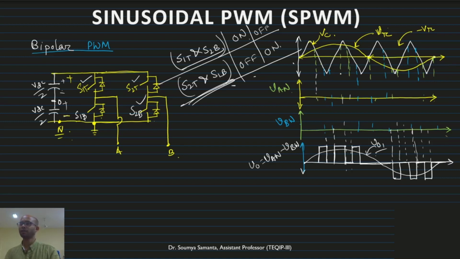Whenever this is greater than this one, during this time VAN will be on, that means this switch will be on. That time this will be VDC by 2, half of that, and whenever this is off, this one will be minus VDC by 2.